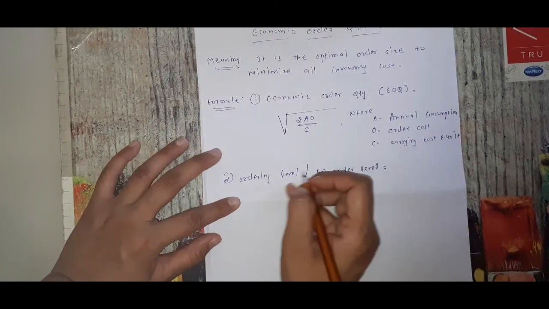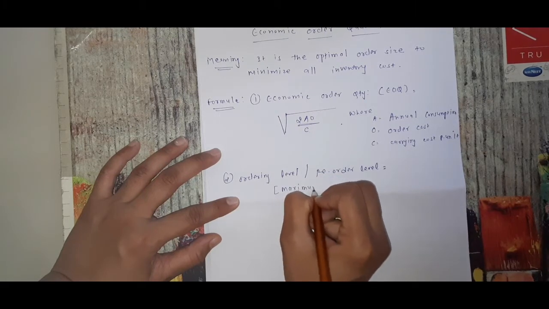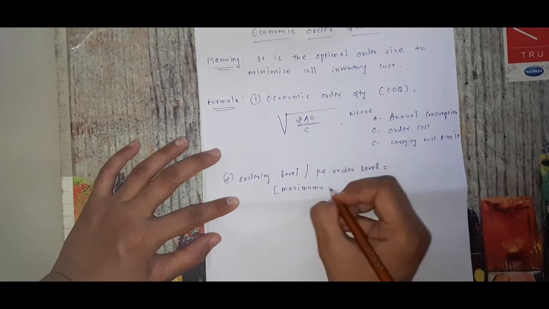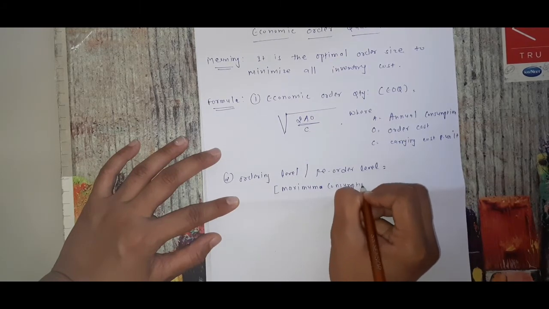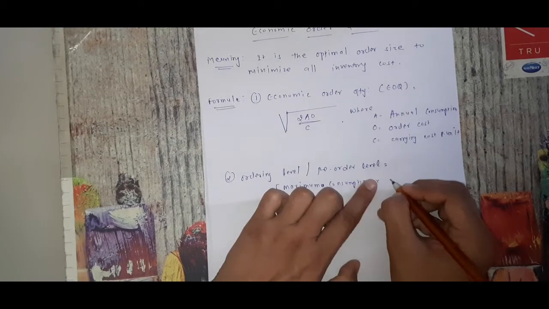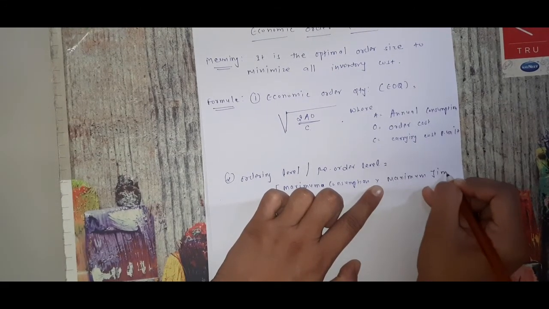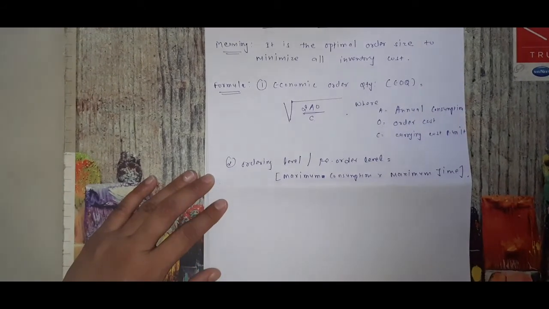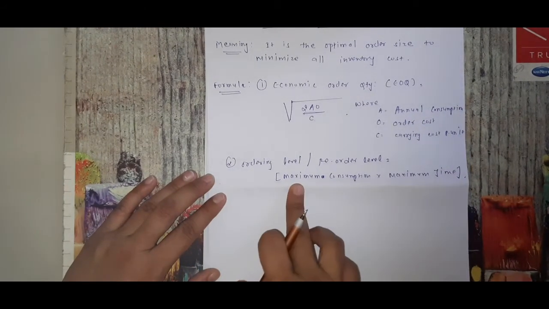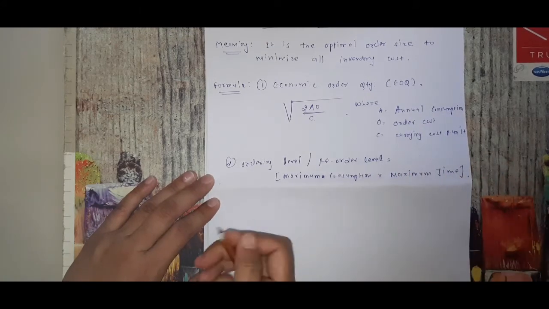Its formula is maximum consumption into maximum time. When we have to find the reorder level, then we use this formula, maximum consumption and maximum time.